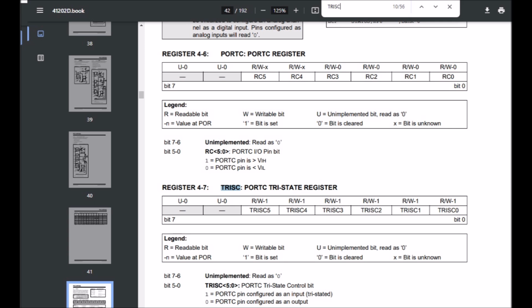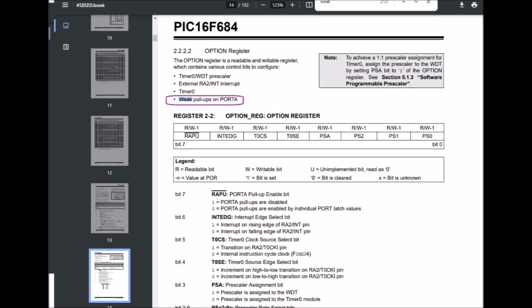This feature is useful for detecting events like button presses. Weak pull-up resistors. Both ports can have weak pull-up resistors enabled, which are useful for ensuring a defined logic level when inputs are left floating.